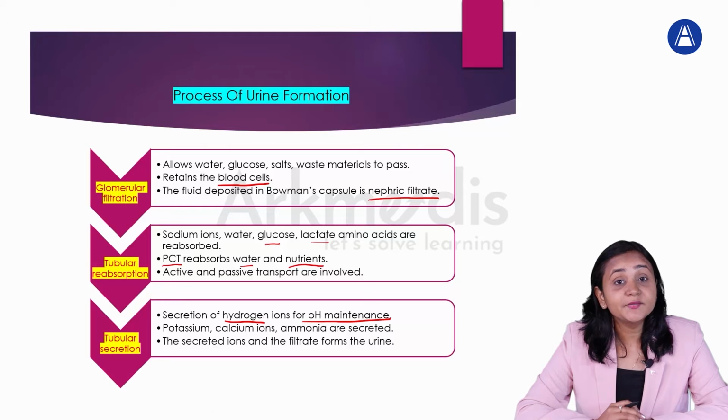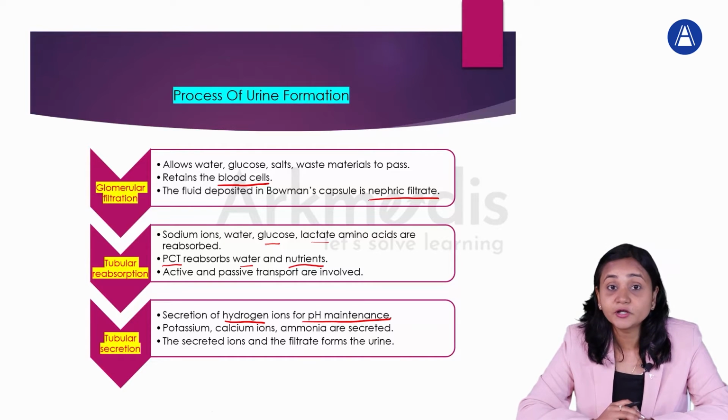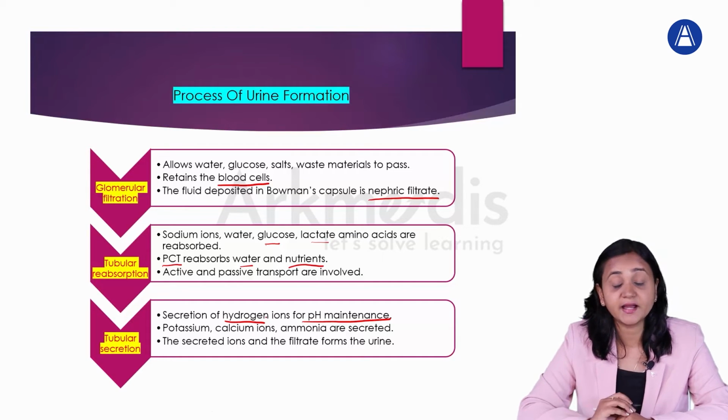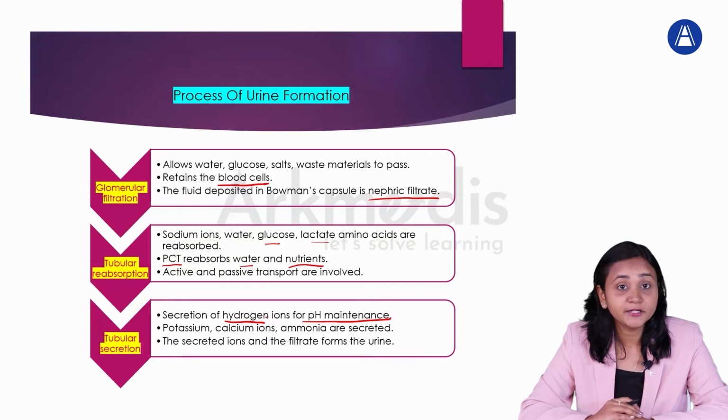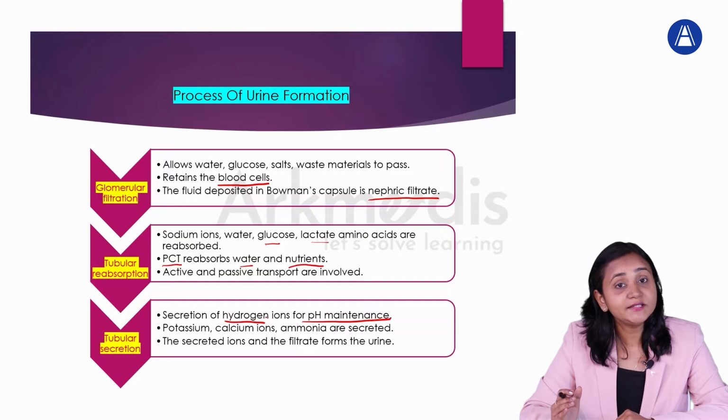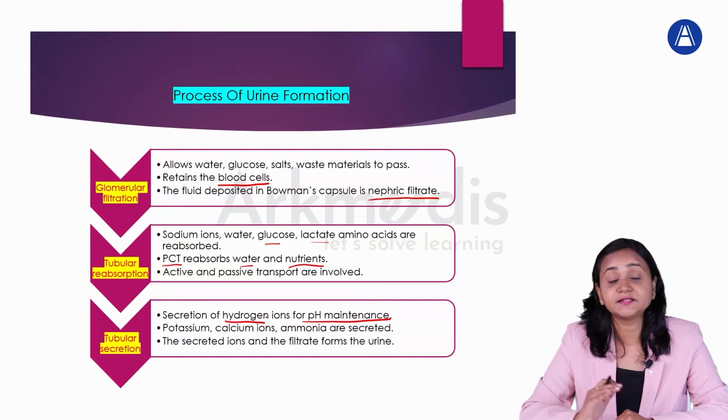Now, another important process involved in the urine formation is tubular secretion. The secretion of hydrogen ions is important for the maintenance of pH balance inside the body. This excess of hydrogen ions is secreted out in the distal convoluted tubule. Now, the potassium ions, calcium ions, ammonia, creatinine, these are also secreted in the distal convoluted tubule.